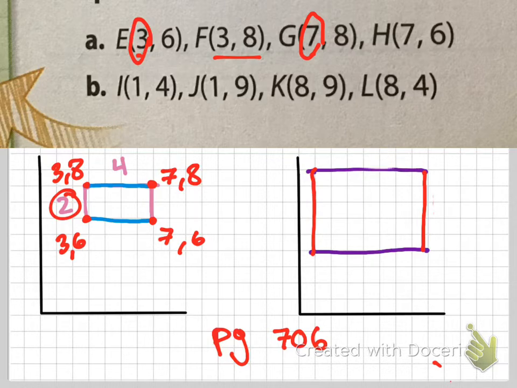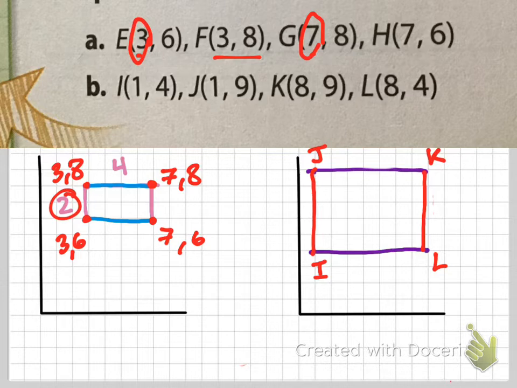So for this other one right here, I want you to find the length of each side. I'm going to show you how this will be written. So we have our plot points. We have our plot point I, we have our plot point J, our plot point K, and our plot point L. It's important that they match the vertices where they are.